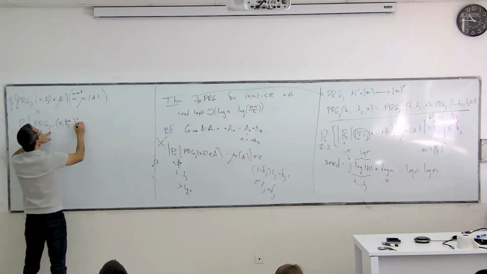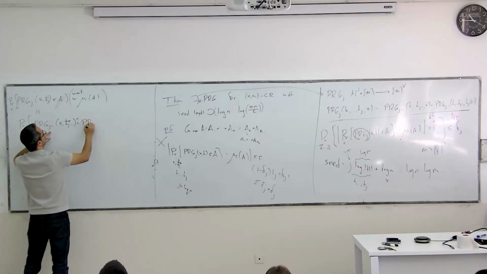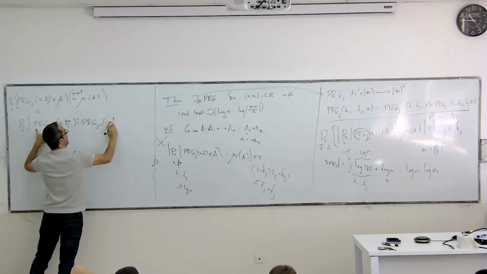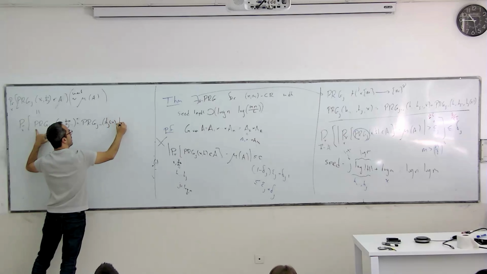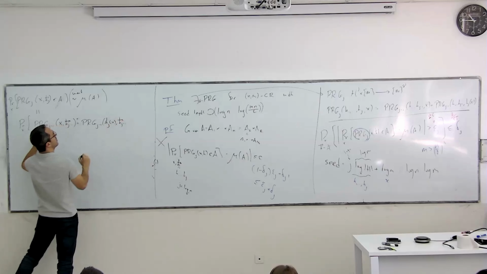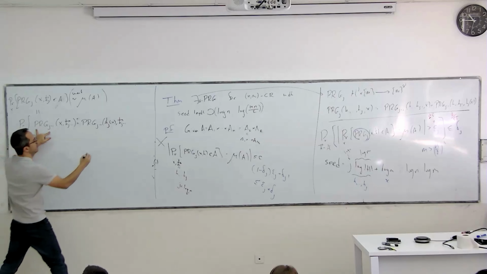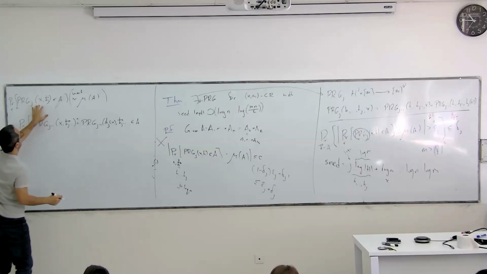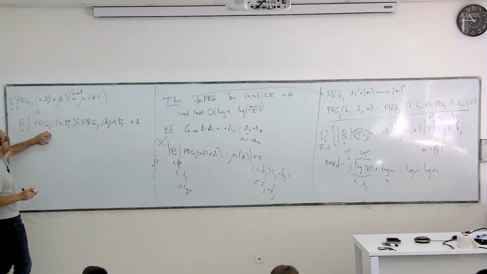And then you concatenate it with the same PRG, really, but when you apply H j to X, and then use again the same j minus 1 Hs as before. So that's exactly that. I just rewrote it.